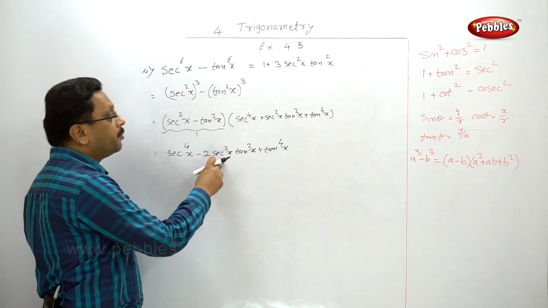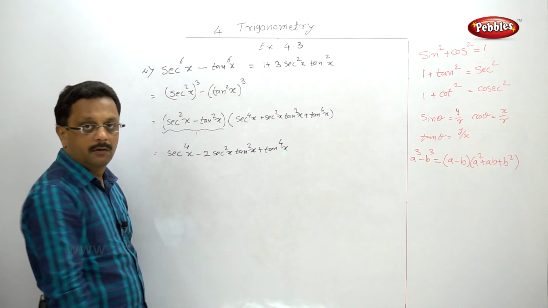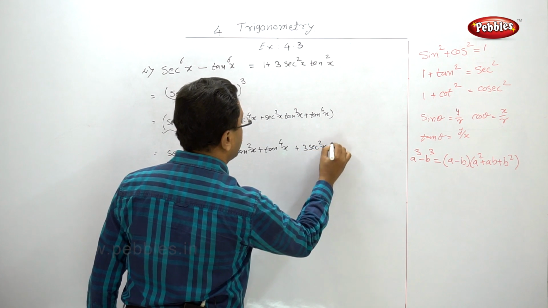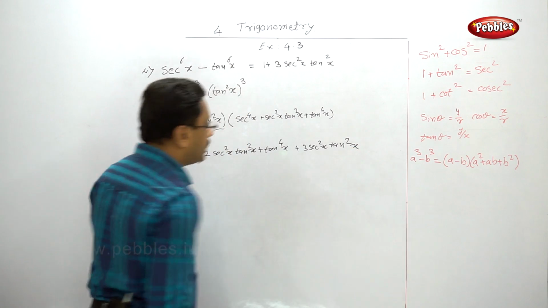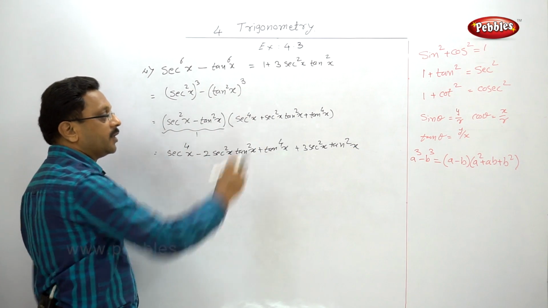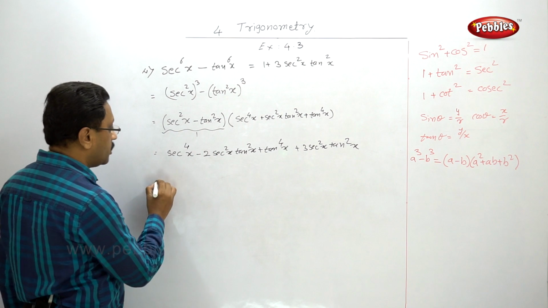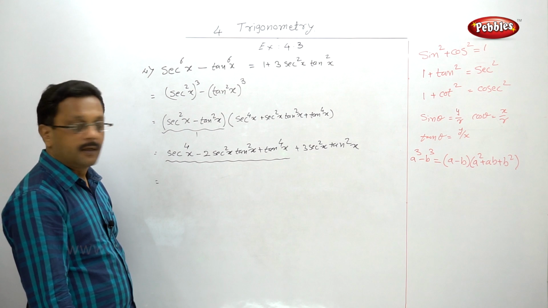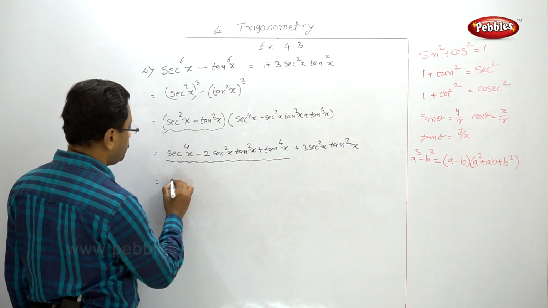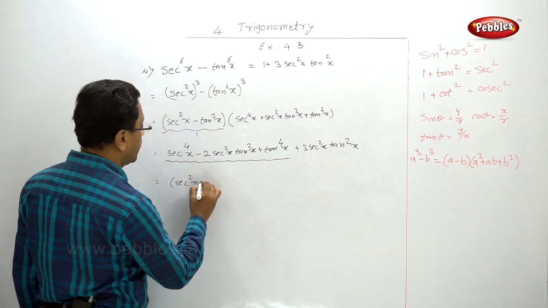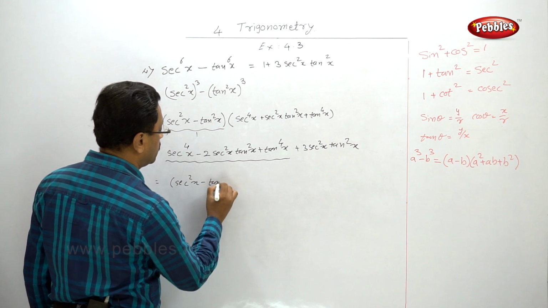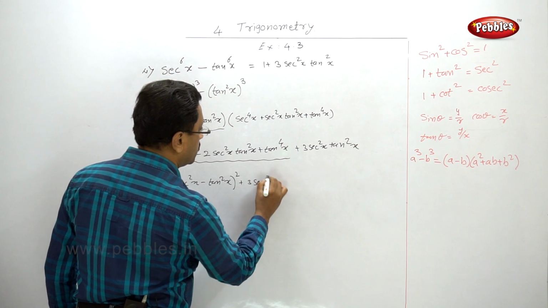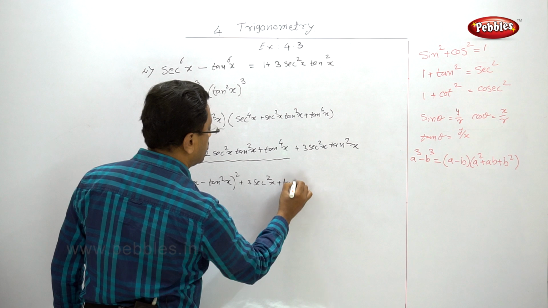Now I have taken this, but what actually is there? It is only 1. So if I take 3 plus 3 sec square x tan square x, that means 3 minus 2 is plus 1. So ultimately we got this. Now can you see, this is a complete bracket square, the square of sec square x minus tan square x, and plus we have 3 sec square x tan square x.